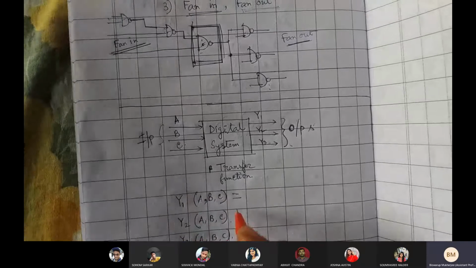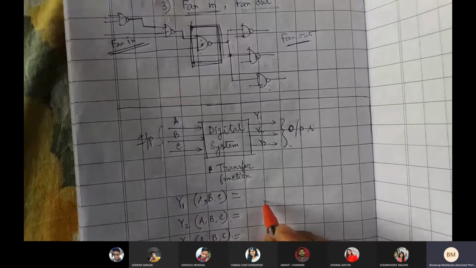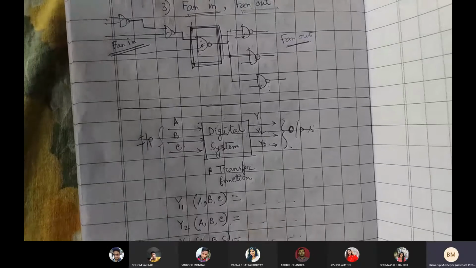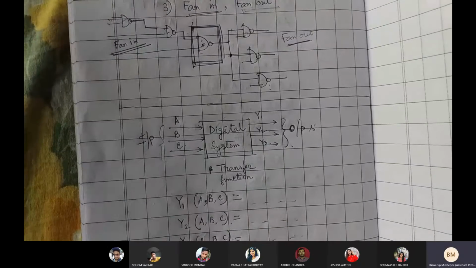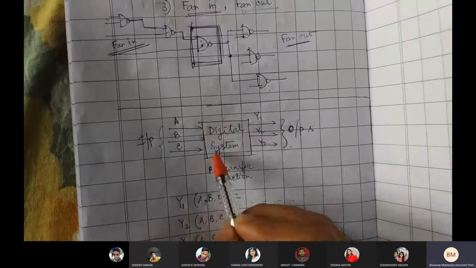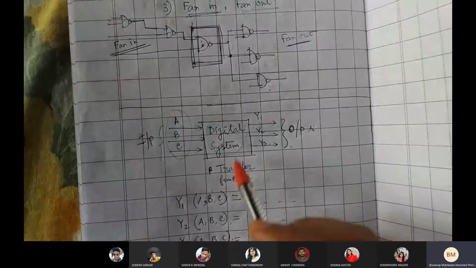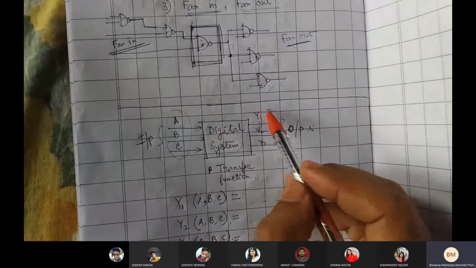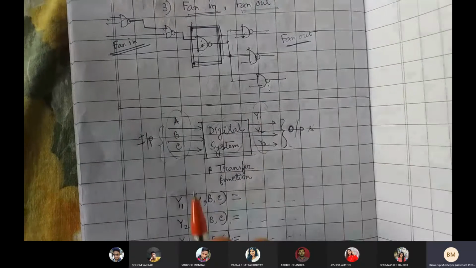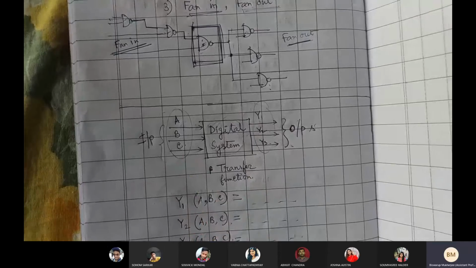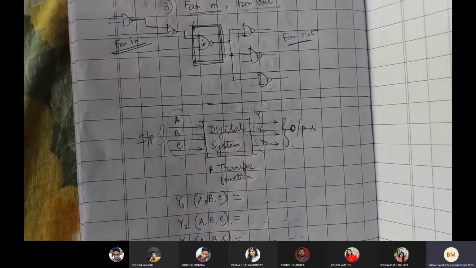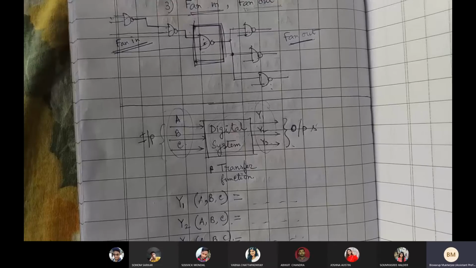Now we need to find out what is that and what is that. In order to know what is within the system, because we know what are my inputs and we know what are my outputs. Why? Because whenever something you need to design, suppose you are designing one computer.